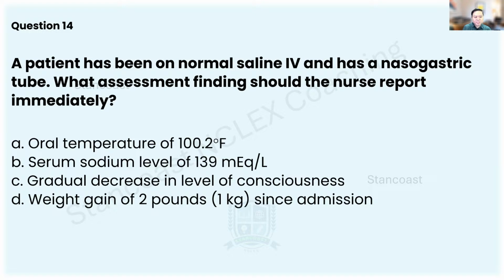So your patient has been on normal saline IV and has a nasogastric tube. You are asked to identify what manifestation you should report to the medical provider immediately. Will that be A, B, C, or D? Try to eliminate the options first before finalizing your answer.